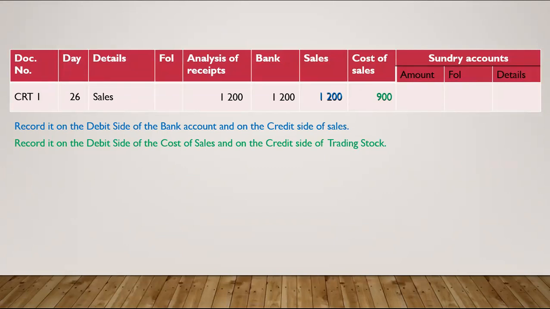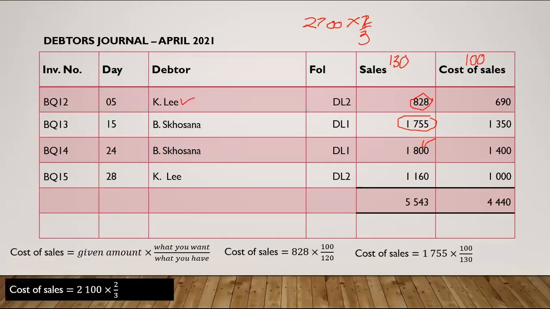So what are we going to do with the totals we got here? I am going to start with my debtors journal. That total here, 5,543, what am I going to do with it? I already told you.